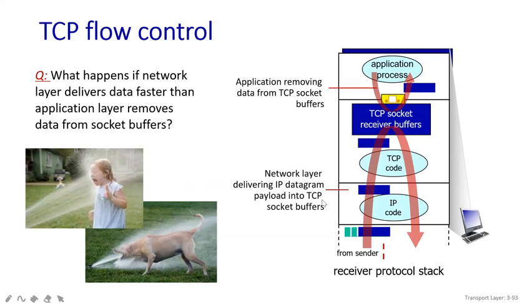But if you are getting buffering, it means that the application layer became slow, or it is unable to remove the data packets from your receiver buffer. I hope this question is clear.